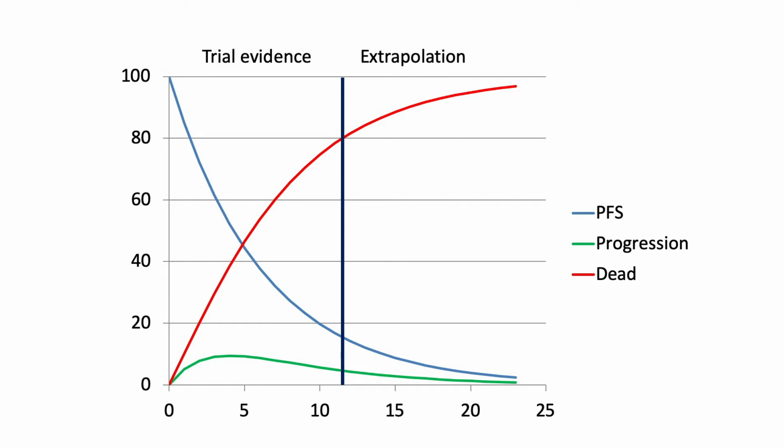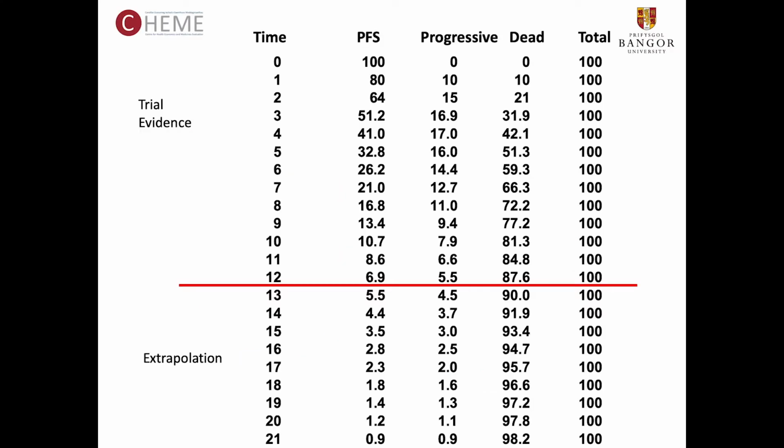So the data between 0 and 12 months is entirely from a clinical trial, which is just fitted using a mathematical expression. And the same expression is used then to simulate the data thereafter until effectively the whole cohort has died. And in numbers, this is what you have calculated. You did the first 2 cycles, and then I've just continued that all the way to 12 months, which is the trial evidence.